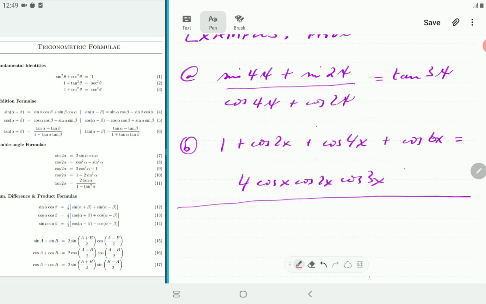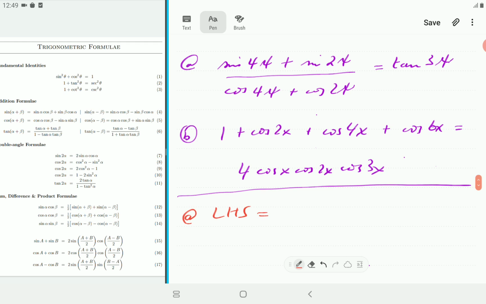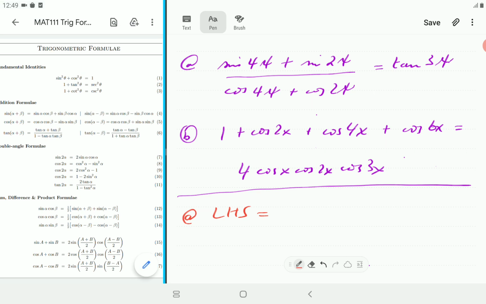So in A, on the left hand side we are going to write the numerator as a product and also write the denominator as a product. On the left hand side here, the numerator is sine plus sine, so we're going to use formula number 15 on the right hand side here.